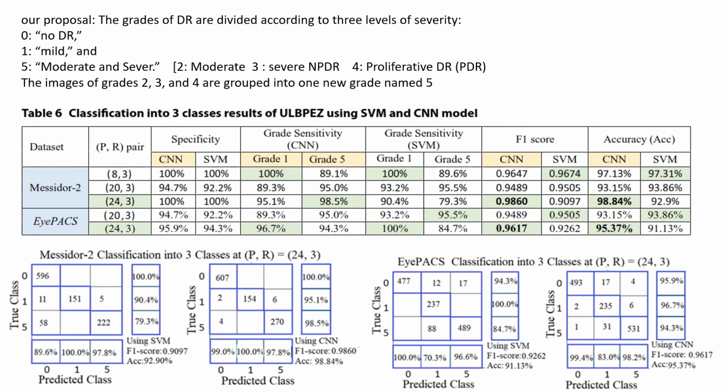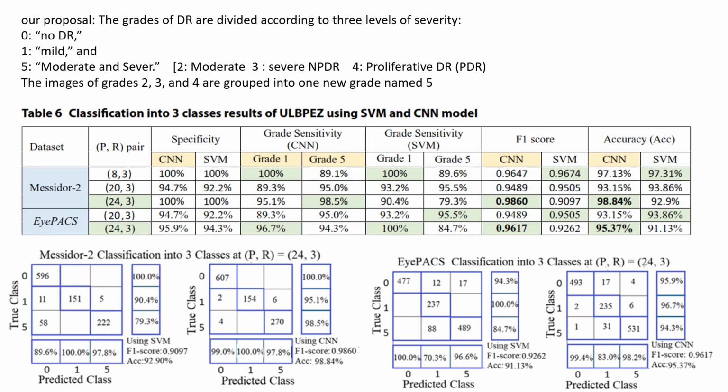As I mentioned before, severe is a case, but 4 is a dangerous class. That means the patient will in the near future suffer from losing his sight.